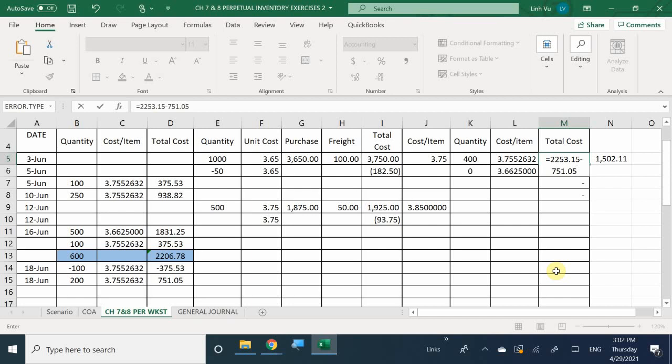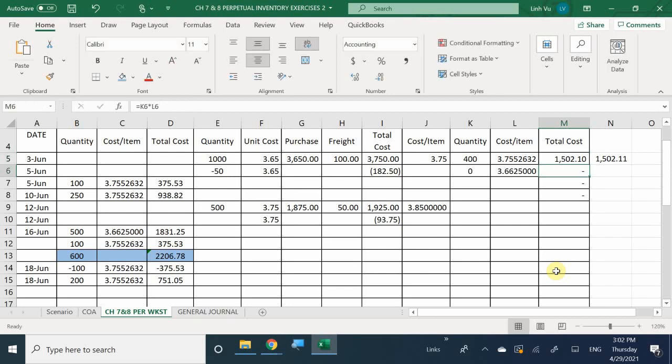That's my original, that's the 600. And I'm subtracting out $751.05. $15,021.0. Good. Okay. $15,021.0 is what I should have left in my inventory.